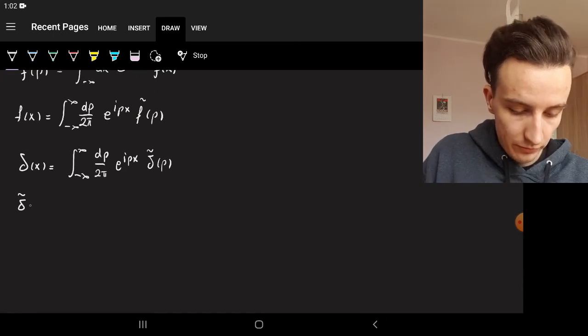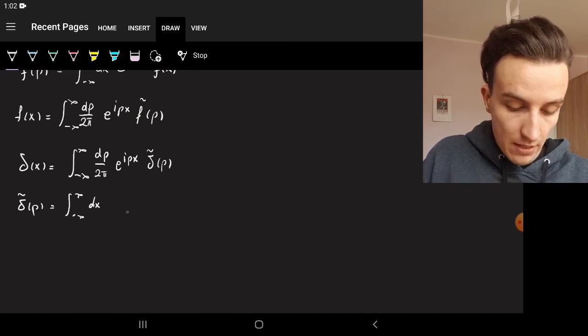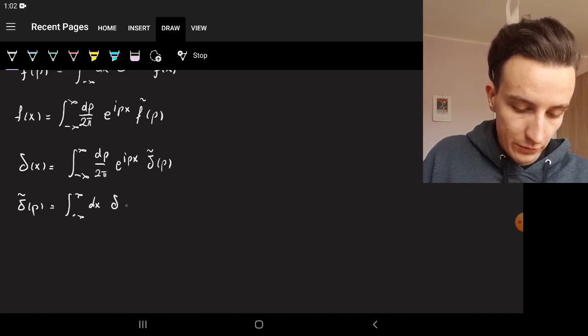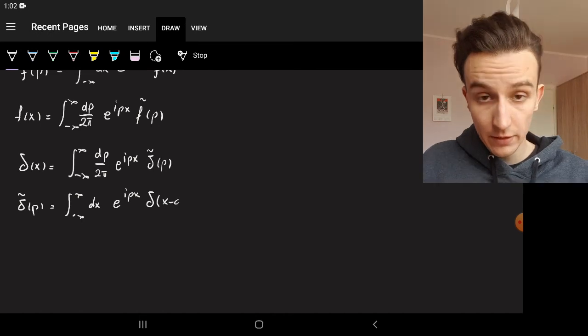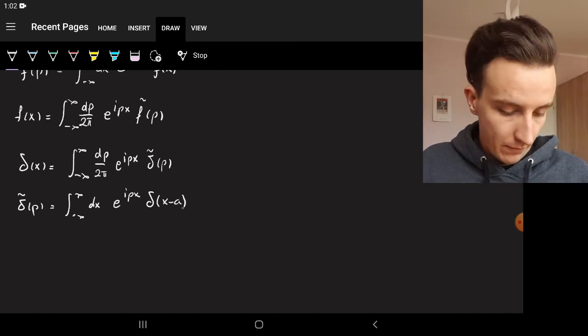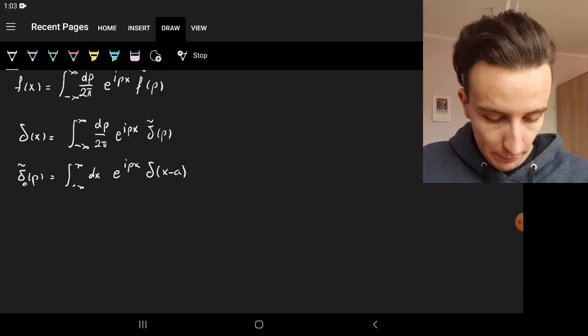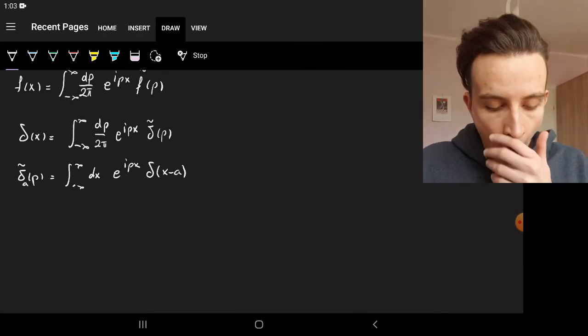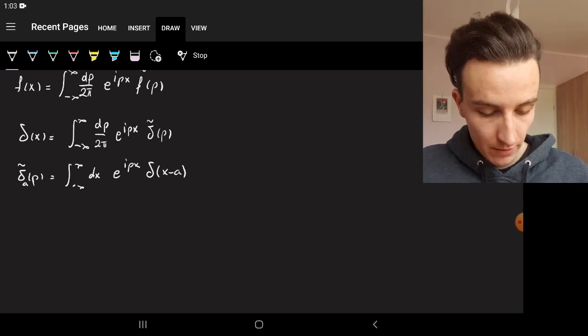Well, delta tilde of p is the integral from minus infinity to infinity delta of x dx. Let's use e to the ipx. Let's find it for delta of x minus a, okay? So for delta of x minus a, I guess we can put a little subscript a over here. Subscript a.